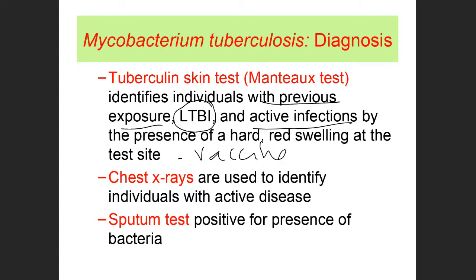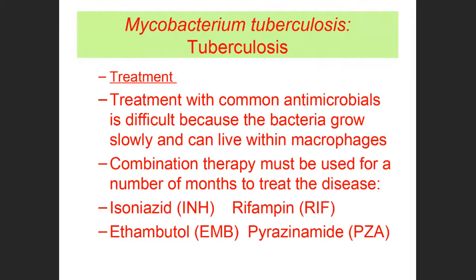It's another reason to have a positive tuberculin test. Chest X-rays allow us to identify active disease because they allow us to see obvious lesions. A sputum test will test for the bacteria. This is an antigen test, and definitely that would be a telltale sign you have tuberculosis.